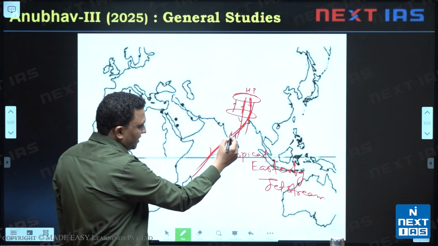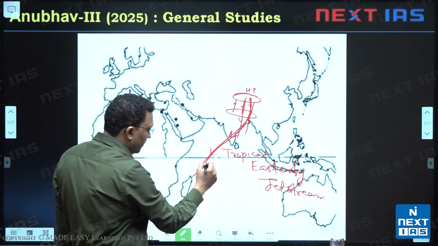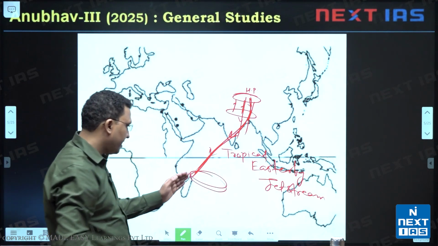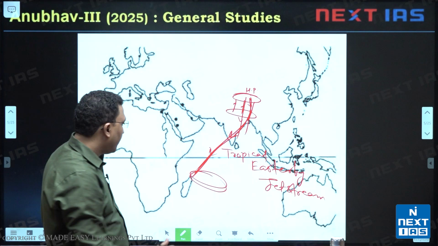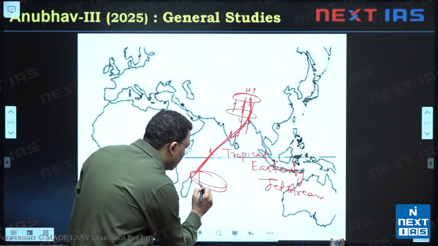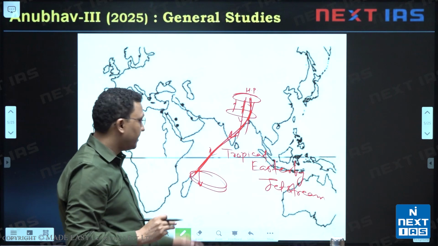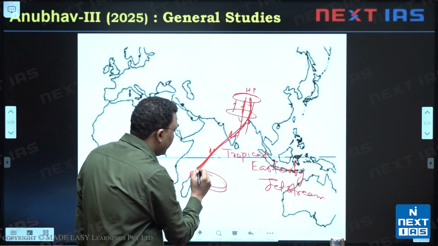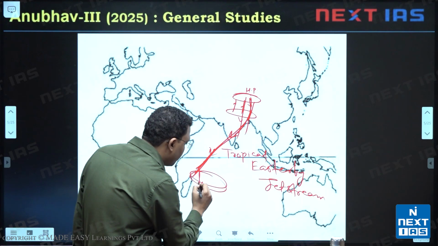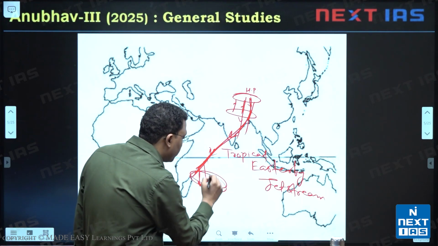And this jet stream moves in this path up to this region, near Madagascar and Mauritius, and then the air from this jet stream subsides to the oceanic level. This is moving in the upper atmosphere, it reaches up to here, then from here air subsides to the oceanic level.